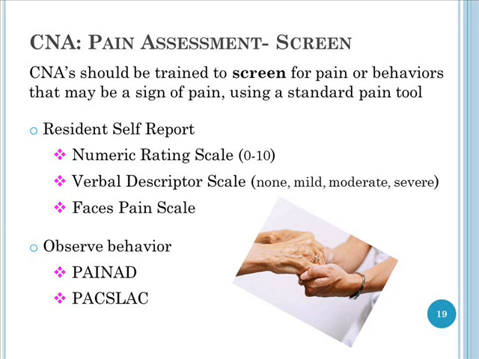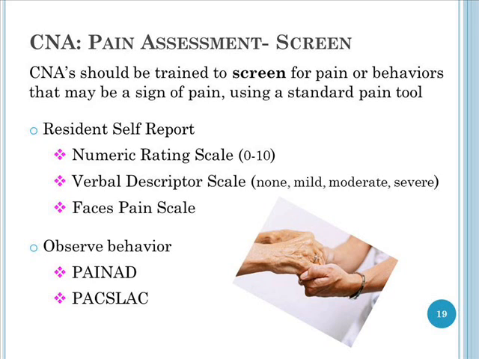A verbal descriptor scale can be a very simple way to get input from the resident about their pain. Even a scale that only includes 4 words, none, mild, moderate, or severe, can be helpful. And most residents can respond to this scale if they are able to verbalize at all.